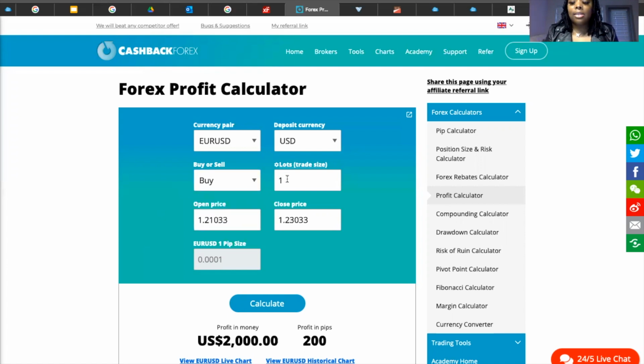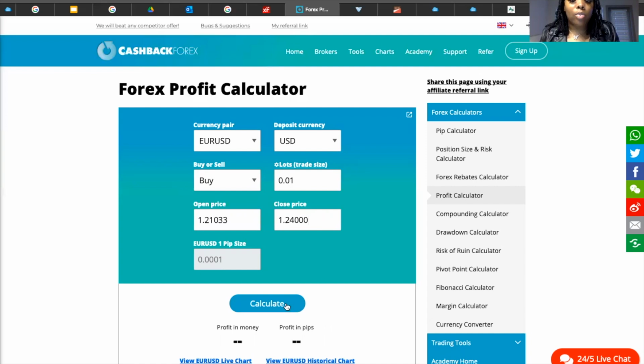Now the lot size, again, guys, we're going from micro, mini to standard. Okay, if I only have $100, I'm going to go ahead and put 0.01. And then with my open price, this is just for example purposes. Okay, we may be at an open price of 1.21033. And again, let's say that the trend is in my favor and I see that it has a potential of going to 1.24000.